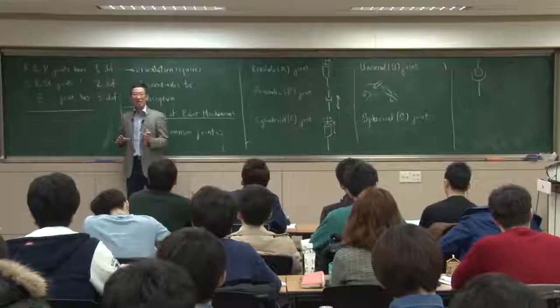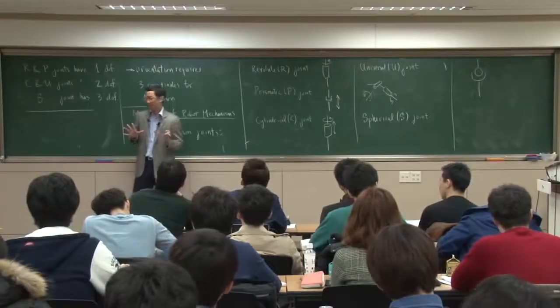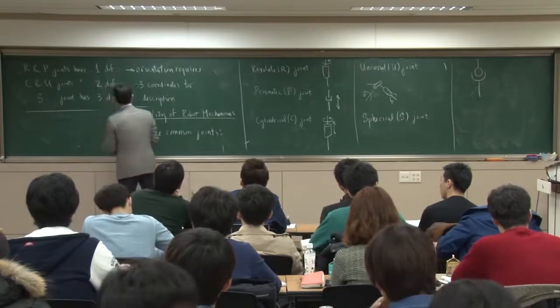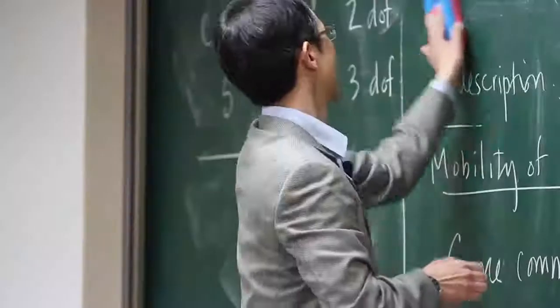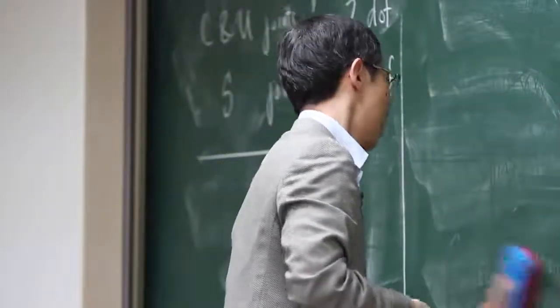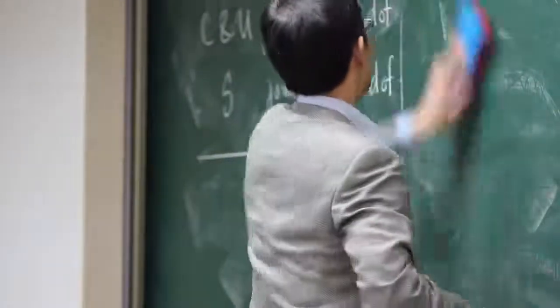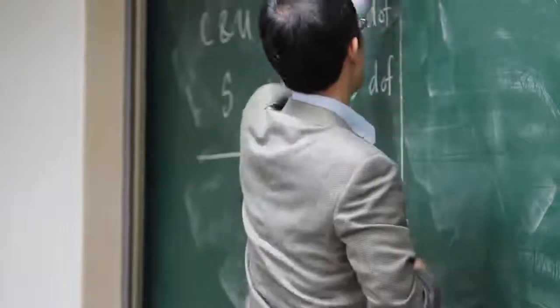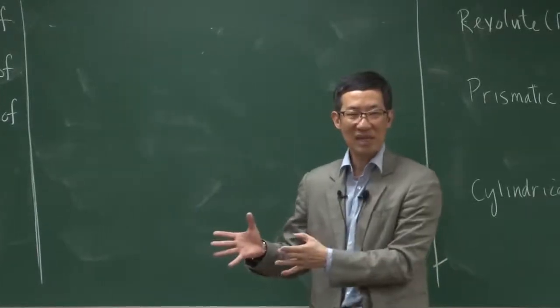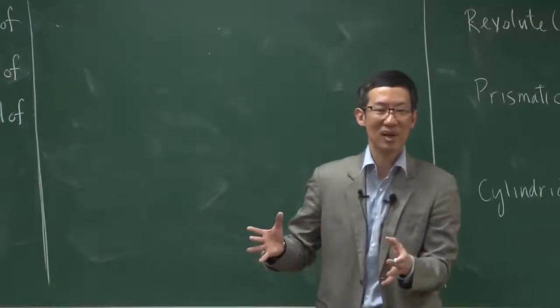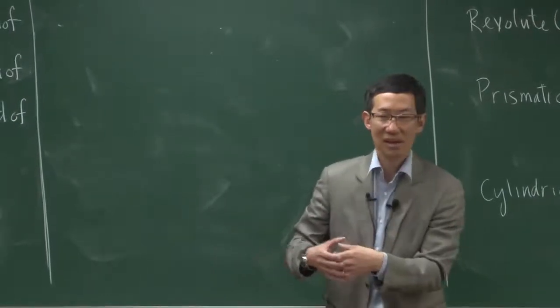Now let's look at some basic mechanisms. Let's start off with the simplest one. At the beginning of the class we asked where's the coin, pretending the coin was a robot.